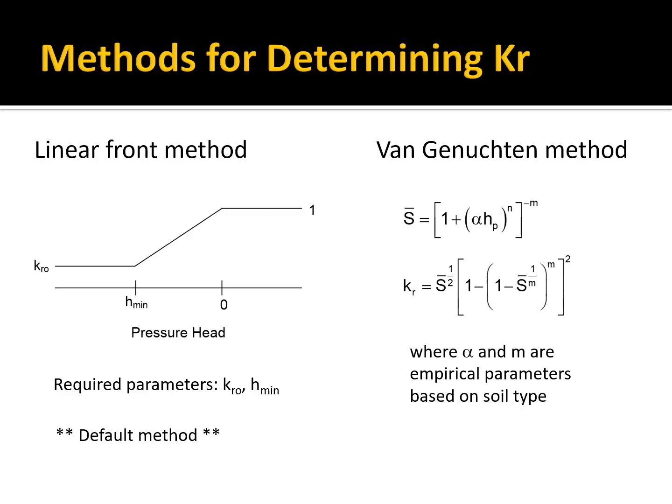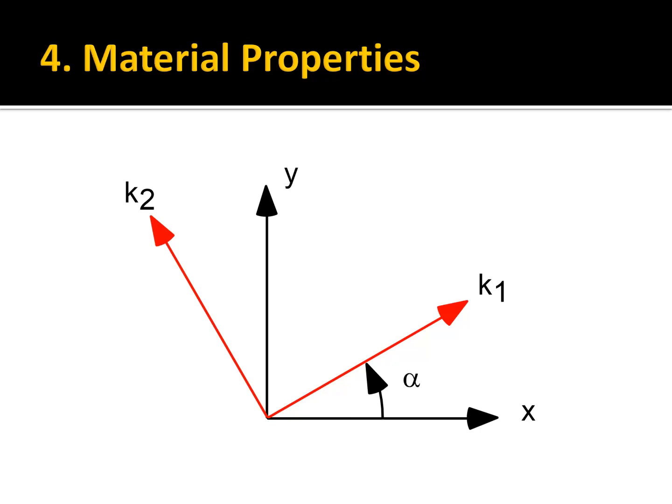It's a nonlinear analysis, but it converges very quickly. It's very stable, and it works great. And so for each material zone, you have to enter an h min and a Kr0, and again, we provide defaults for that.